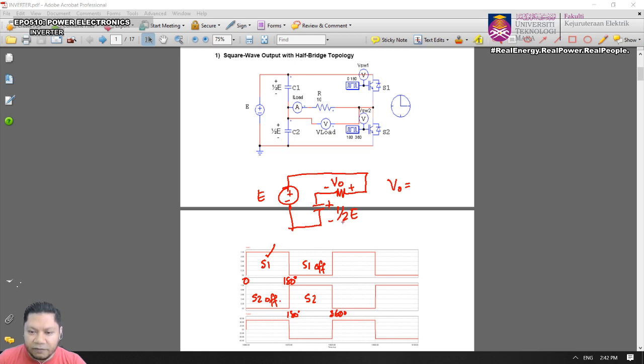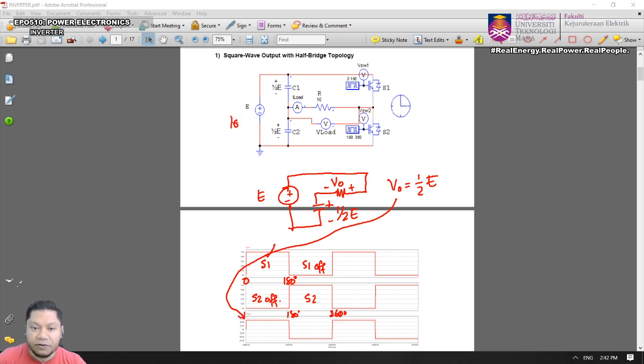You have half of E imposed across the capacitor, therefore V out will be another half of E, isn't it? That will be half of the input voltage, right? So that will be the voltage here.